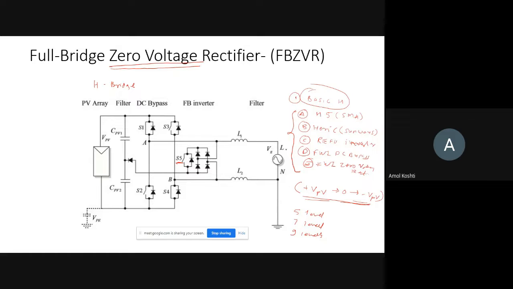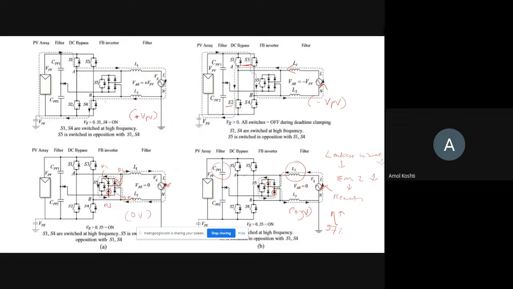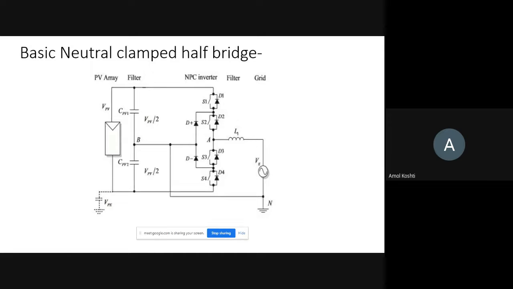So can we develop PV inverters by using multi-level inverters? Yes, we can. For that, we have one topology in our syllabus. In multi-level we first learned the diode clamped inverter.